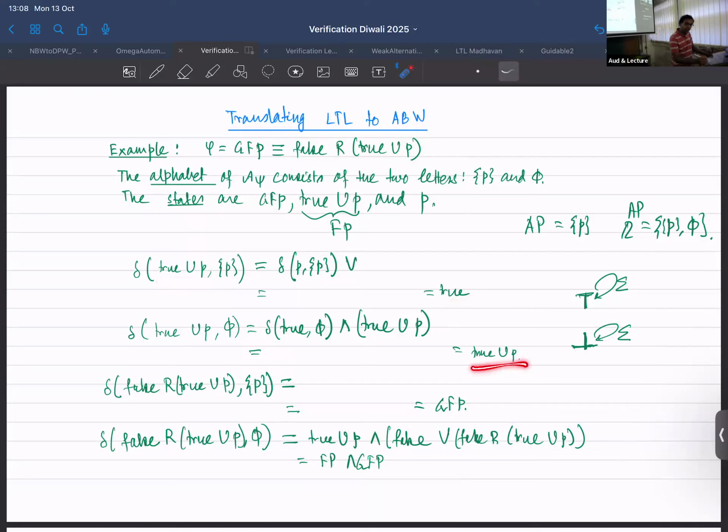Here we are going to FP, which is the same state, so this is a self loop. FP on phi comes back to FP. Here GFP on phi goes to FP and GFP, and GFP comma P is GFP. So we are never reaching the state P. The state P is unreachable, so I did not write the transitions from it. The initial state is the given formula, GFP, and the state P is not reachable. It's there in the closure of the formula, but it's not reachable.